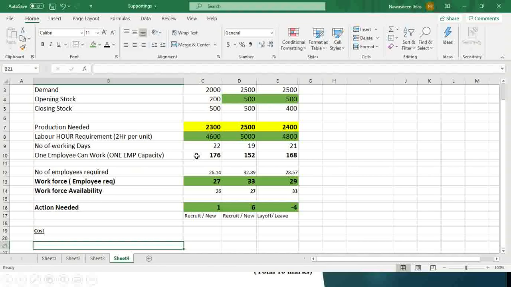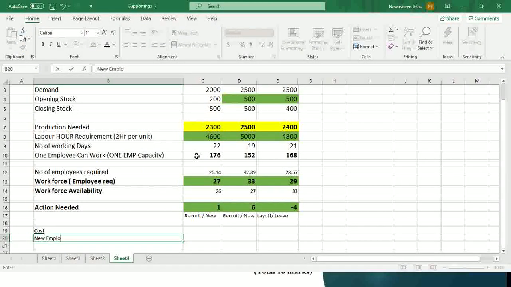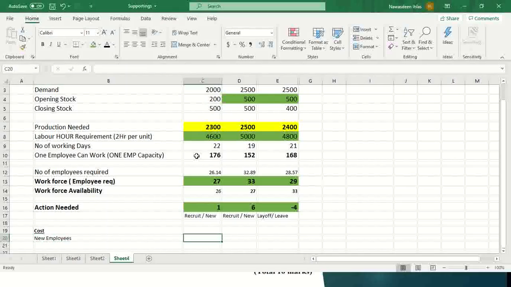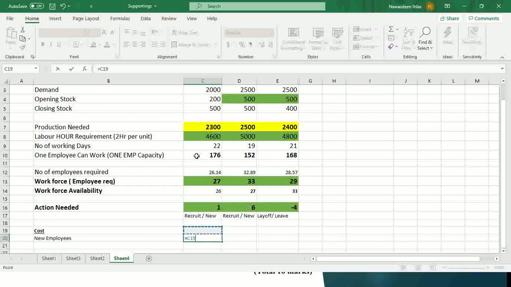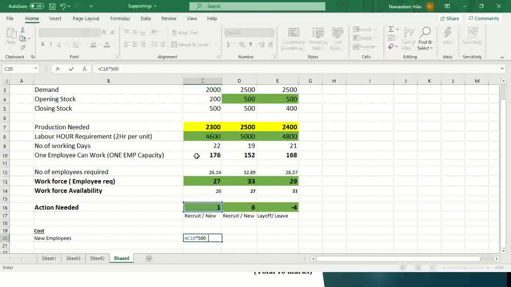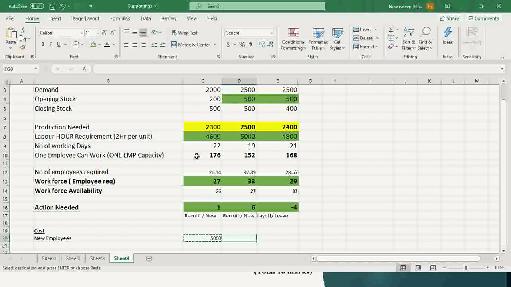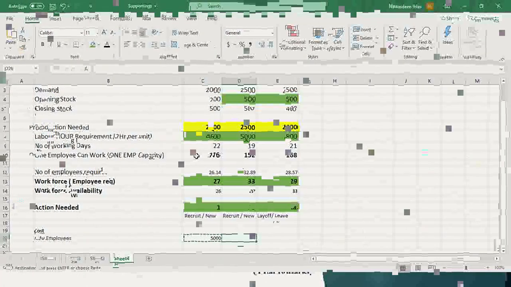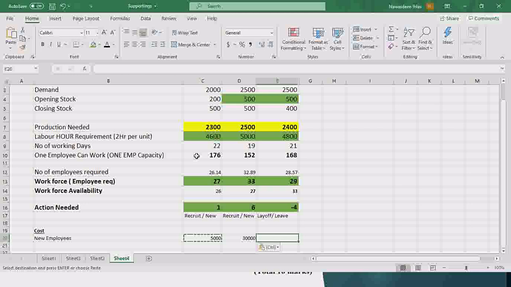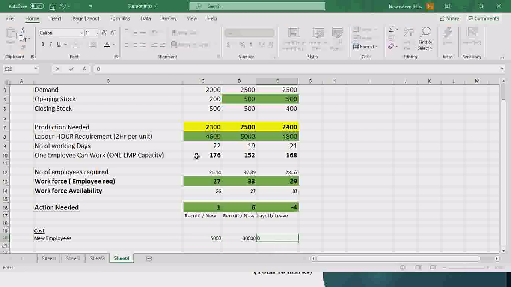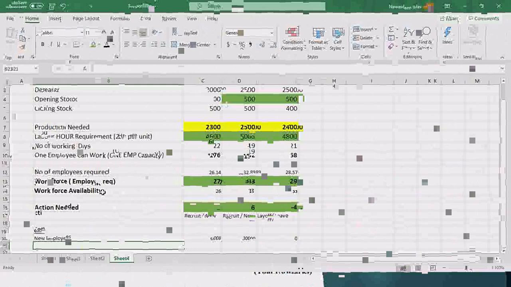So there is an extra cost of 5,000 per new employee. In February we can see 6 new employees, so 5,000 into 6. In March we can't see any new employee, so the new employee cost will be 0. New employee cost can also be called training cost.